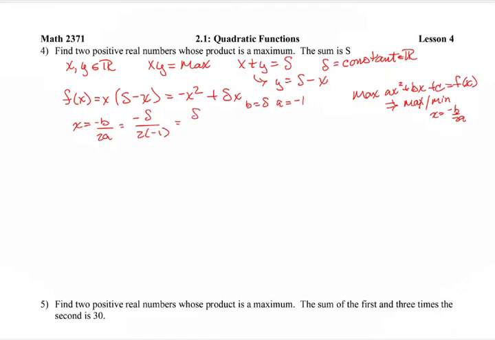So that gives us s over 2. Okay, so if x is s over 2, then y equals s minus s over 2. So that's 2s over 2 minus s over 2, which is s over 2.